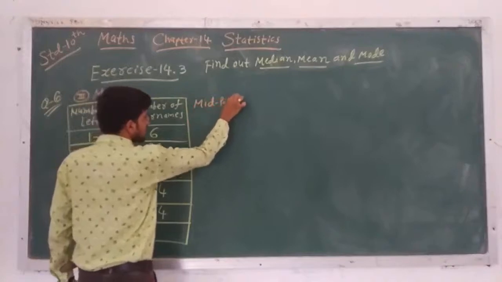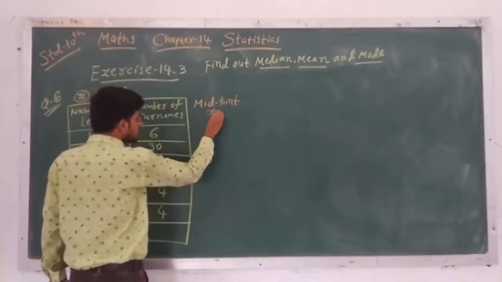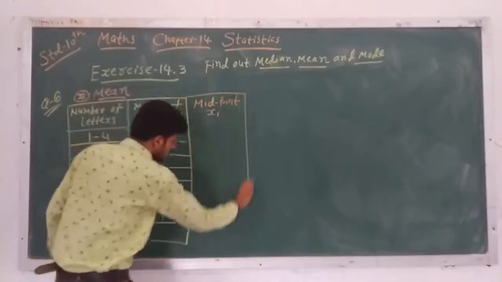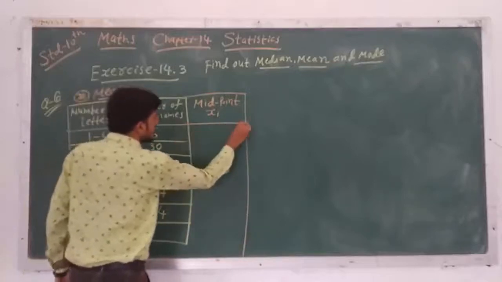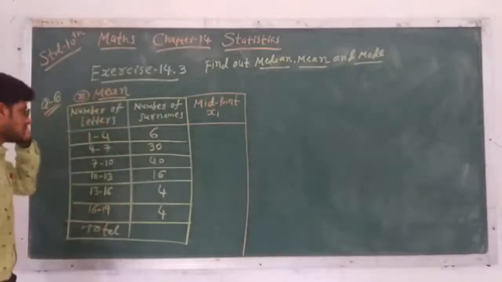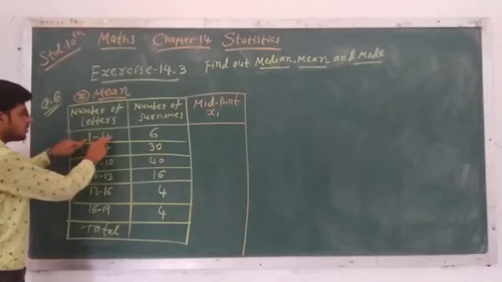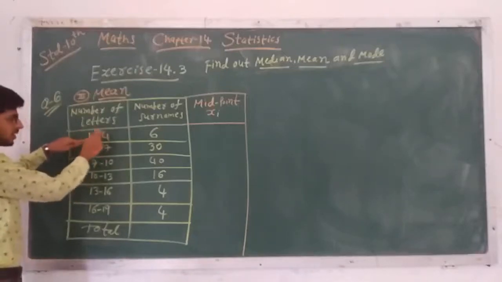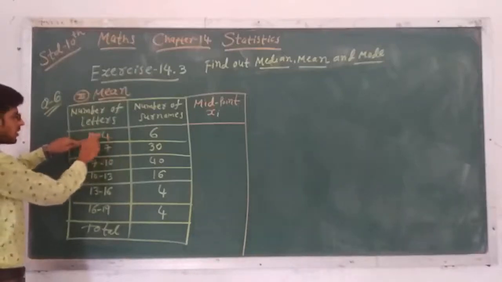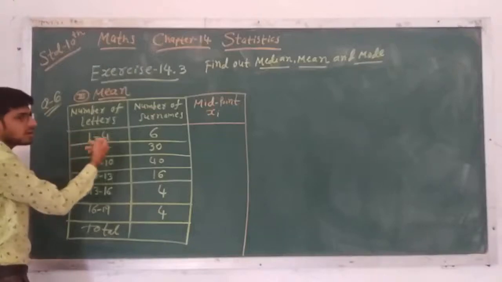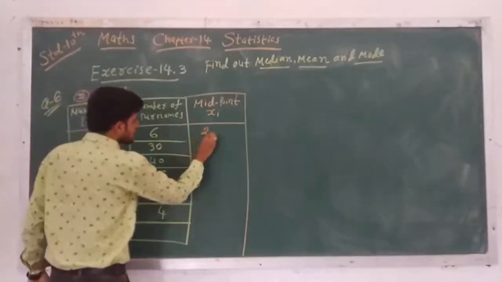The midpoint, or mean value, you can write down either. So how to find the midpoint? We add the lower limit plus upper limit divided by 2. So 1 plus 4 is 5, by 2 is 2.5.